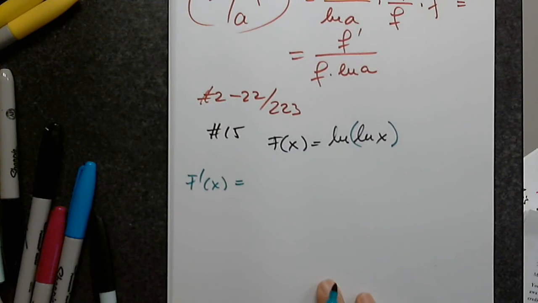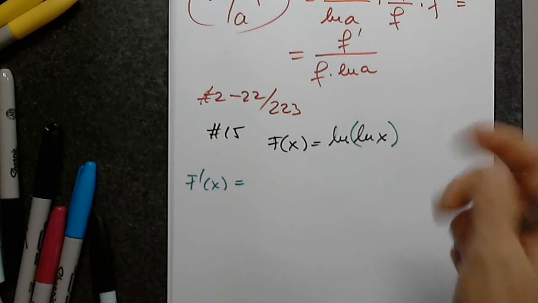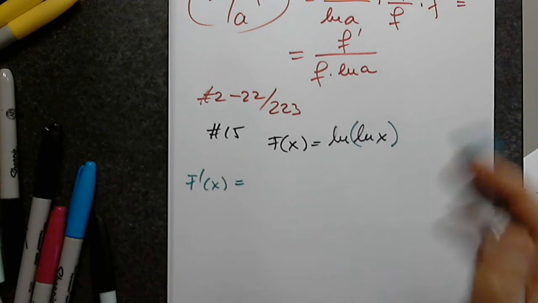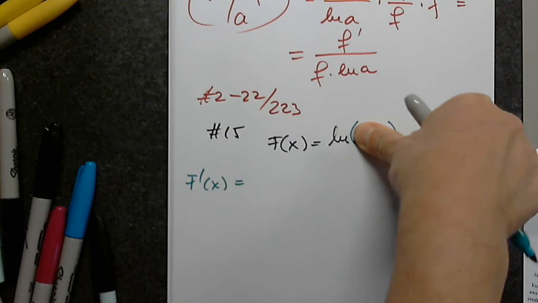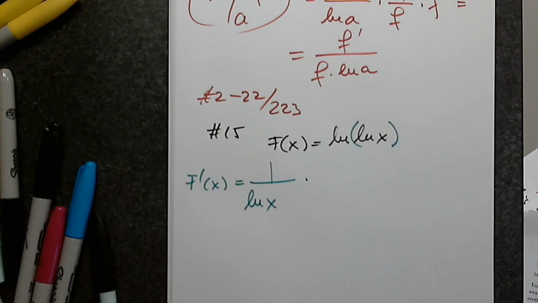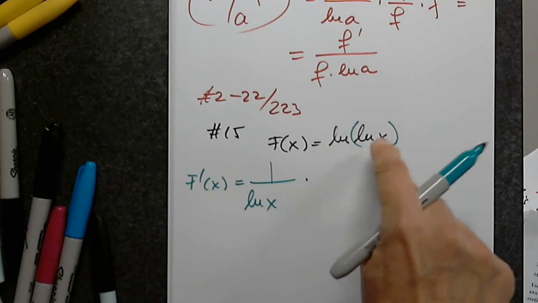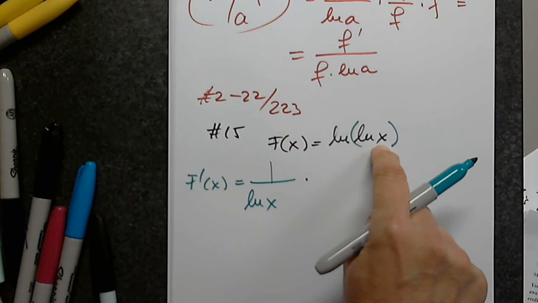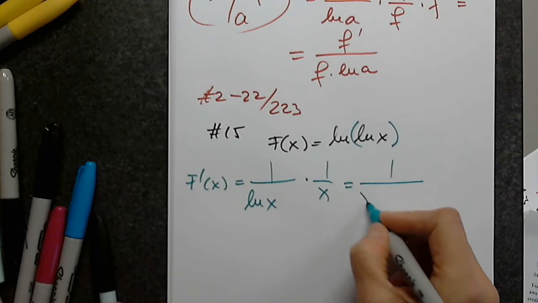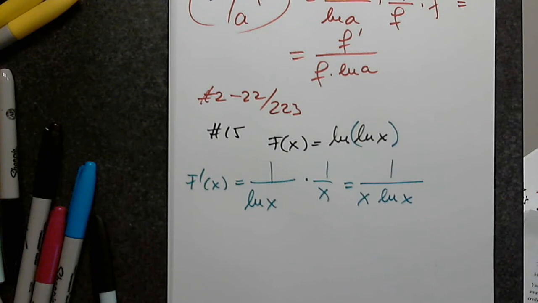So let's differentiate. We first differentiate the outer, and you don't care what this is. We differentiate the outer. What do I have? 1 over the whatever. Okay. 1 over natural log x times the inner function prime, 1 over x. So this is 1 over x natural log x.